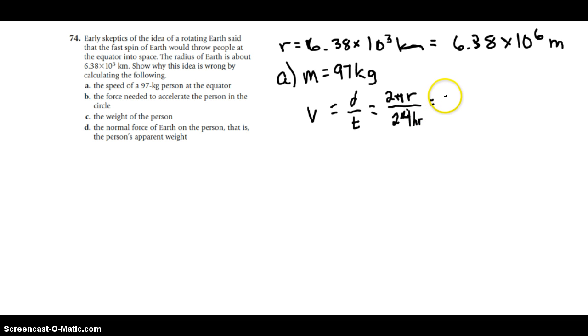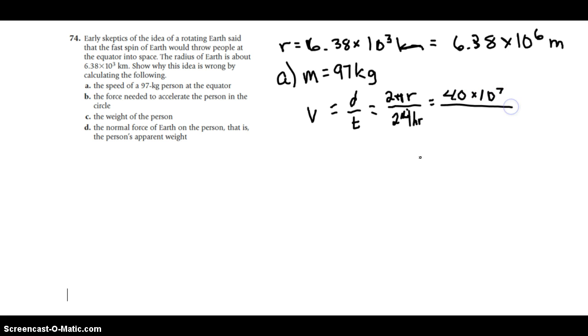So if we take 2 times pi times 6.38 times 10 to the 6 meters, we get 4.0 times 10 to the 7th as our distance traveled in a day.